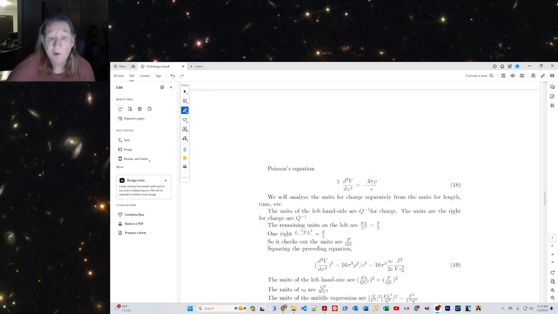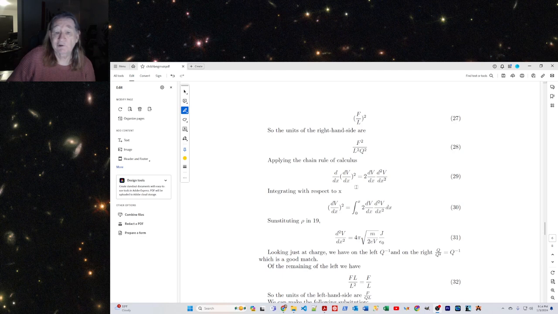Here again is Poisson's equation, telling you how an electric field or an electric potential is produced by electric charge. Using freshman calculus, we get equation 29. This is the chain rule. We're taking the derivative of the square. The derivative of f squared is 2f df dx.